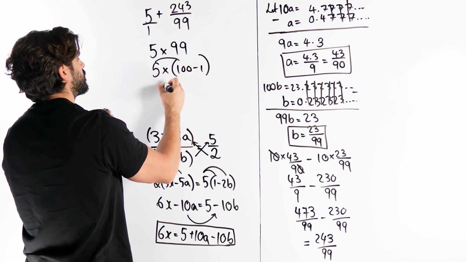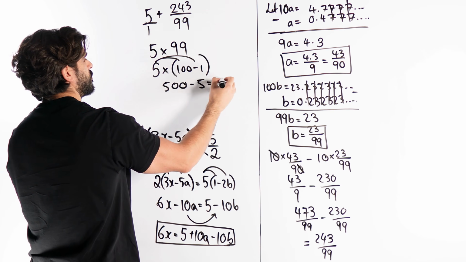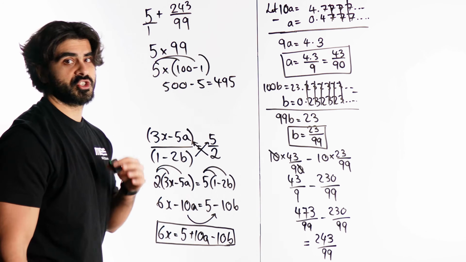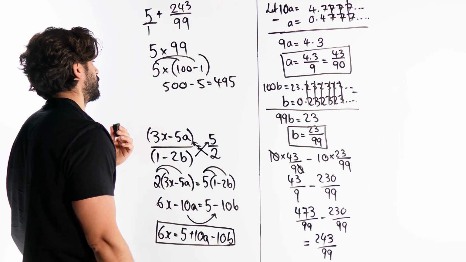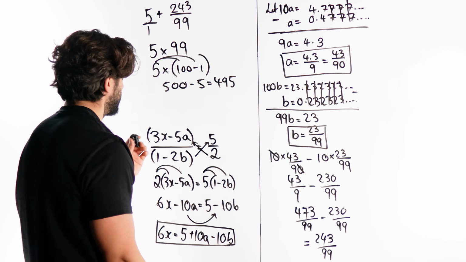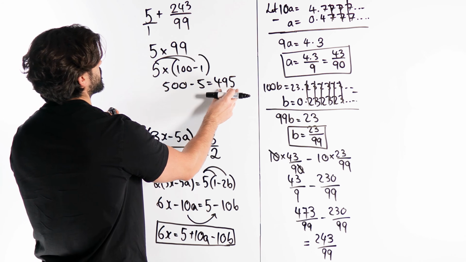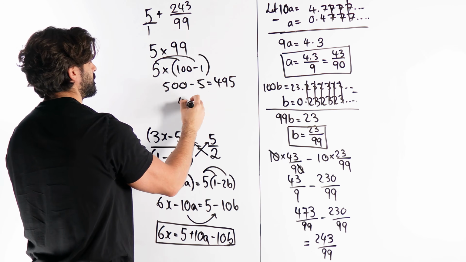So that's 500, take away 5, 495. So, you know, these are just tricks you guys can use in non-calculator papers to simplify all of these problems much faster. So it's going to be 495 over 99. 495 plus 243.